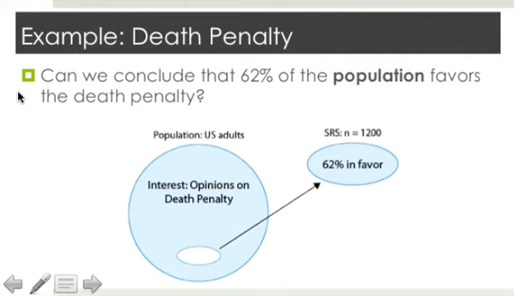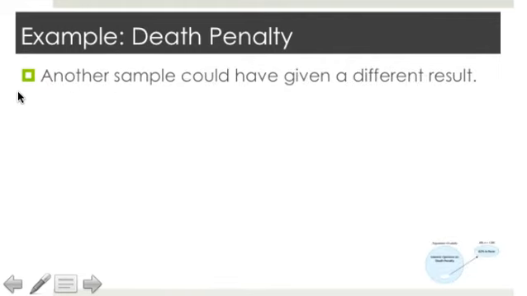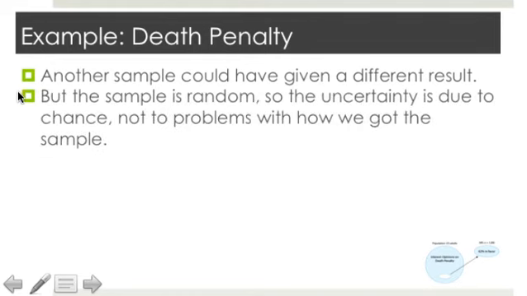Another thing we need to take into account here is that this was just one sample. Another sample could have given us a completely different result. However, our sample is random, so the uncertainty is due to chance, not to problems with how we got the sample in the first place.